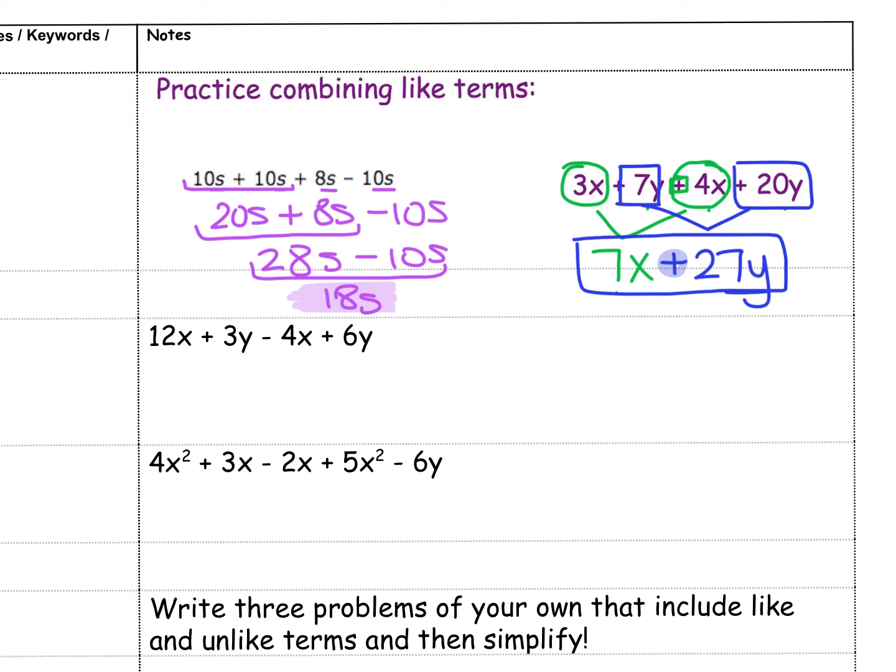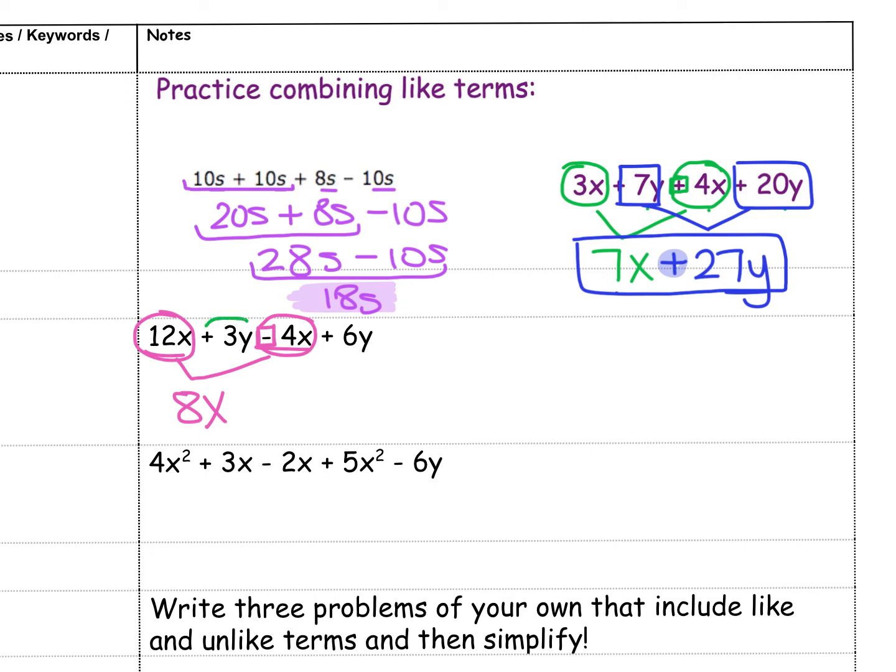Next, we have 12x plus 3y minus 4x plus 6y. So I see an x and an x. Because you take the sign in front, we are minusing. So because these are being subtracted, I'm going to start with the 12 and I'm taking away 4. So 12 minus 4 is 8x. And then I have to go to my other term.